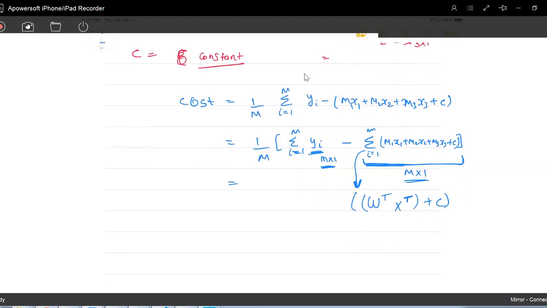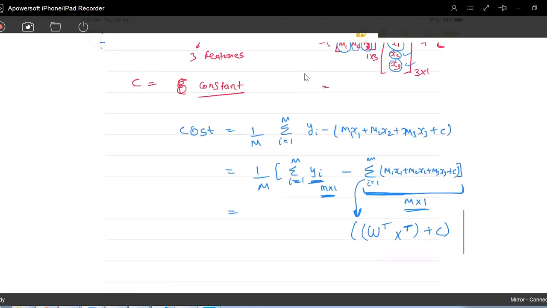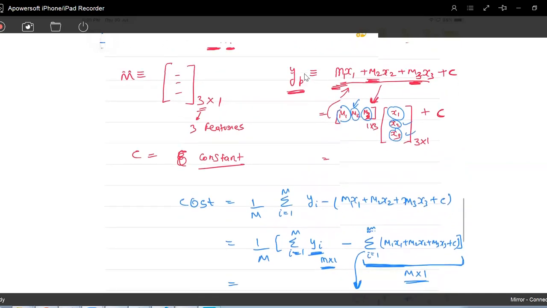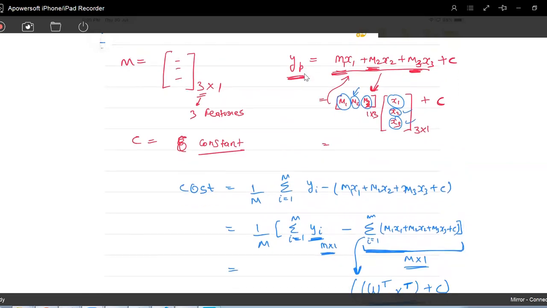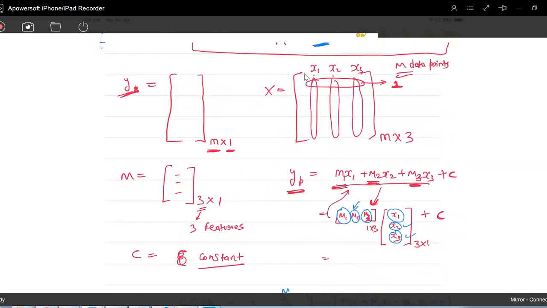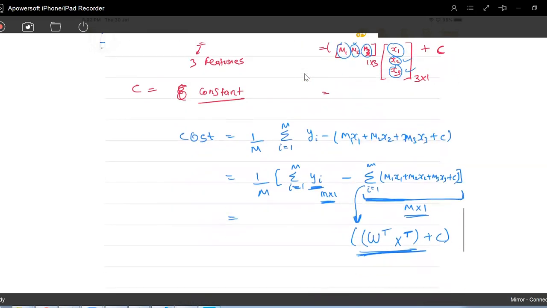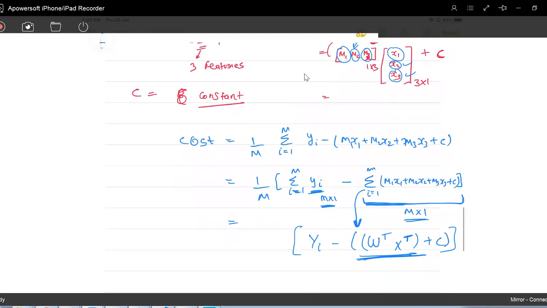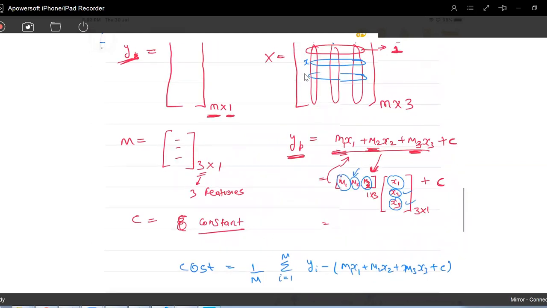My original data is in this form: x1, x2, x3, then another row, then a third row. That's why I will write this equation like this. Actually, this is getting a little bit confusing.